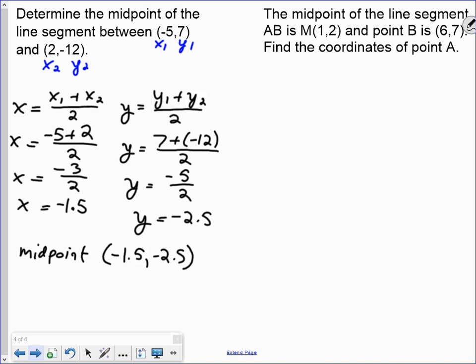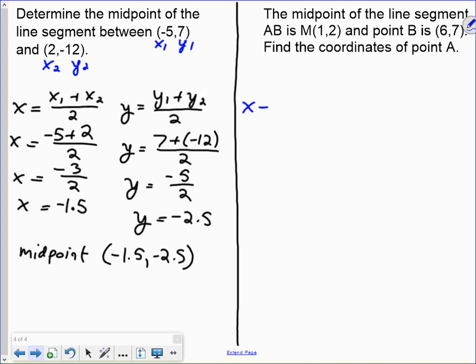All right, let's look at the second one here. The midpoint of the line segment AB is given by point M, (1, 2). And point B is (6, 7). Find the coordinates of point A. All right, we're going to start from the midpoint formula. Let's put a line down the middle here to separate these two questions, and we'll work maybe in a different color here.